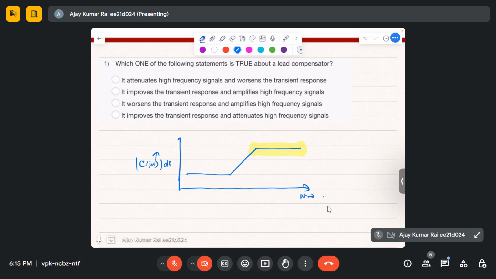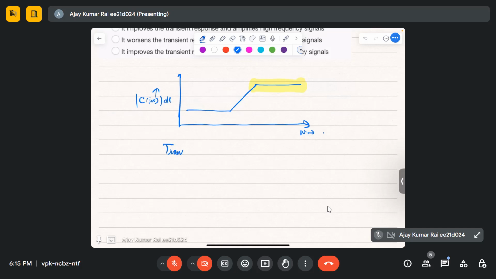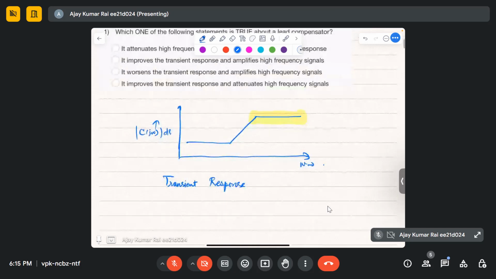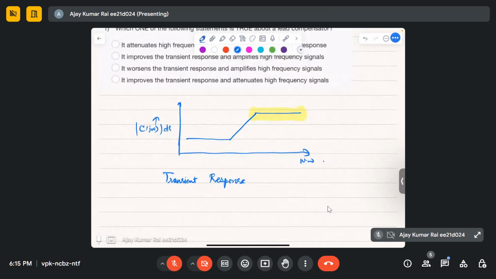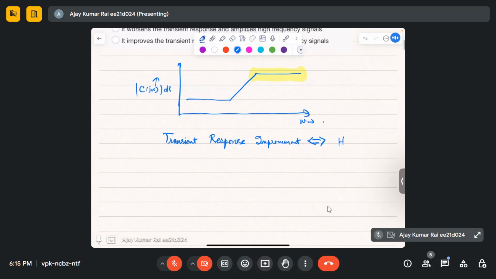So let's see which statement is correct. The second statement says it improves the transient response, because it is increasing the bandwidth. Transient response is equivalent to higher bandwidth.